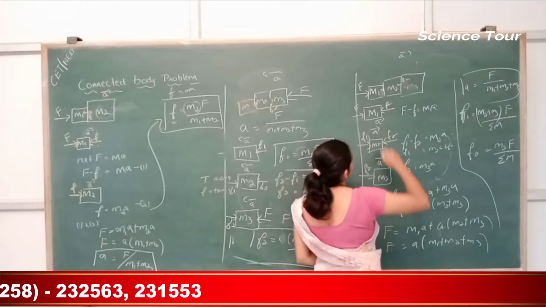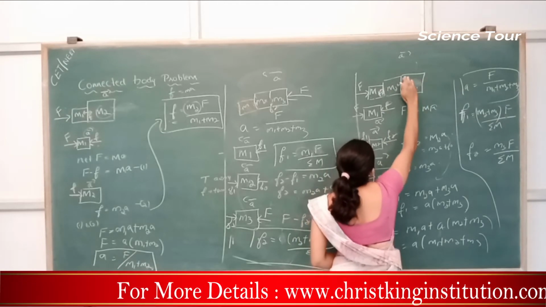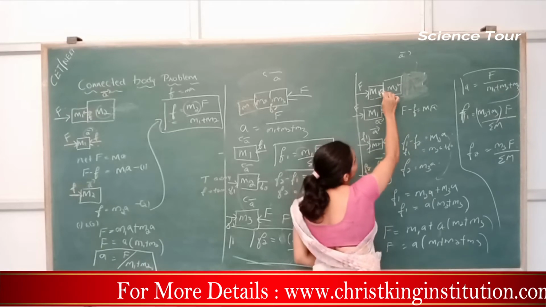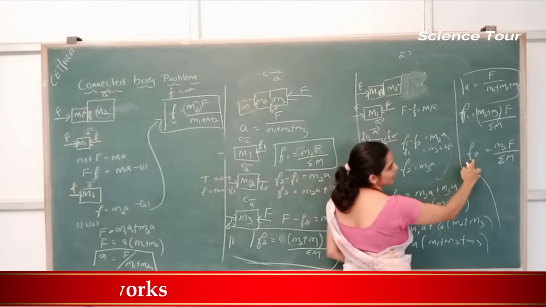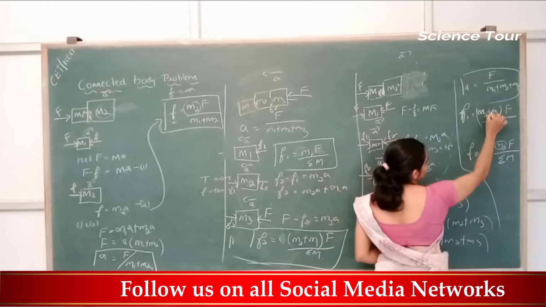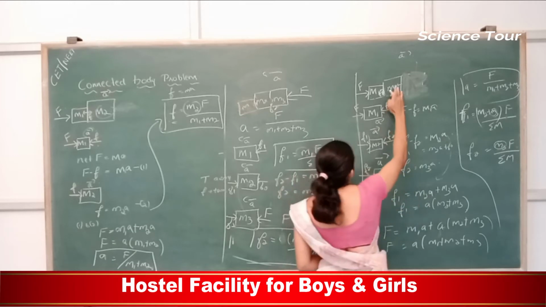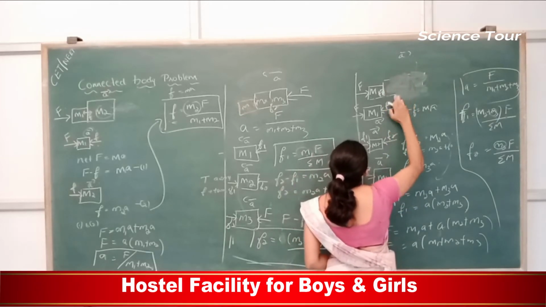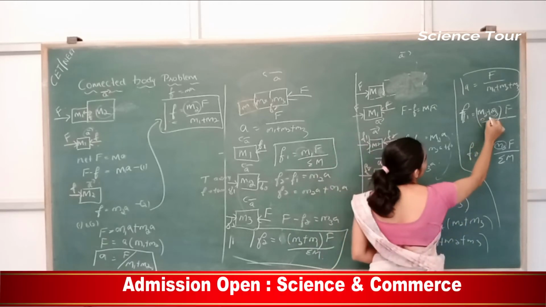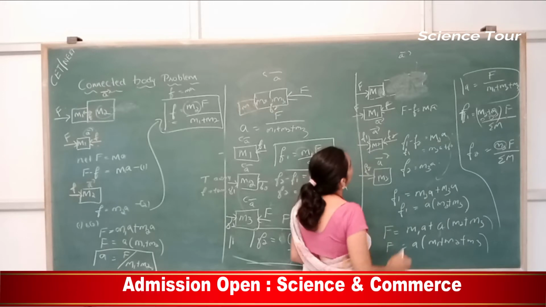Or in other terms you can say, if there is no m3, F2 won't be there. So m3 is 0 means F2 is 0. m3 is 0 means F1 is not 0. Correct? But if m2 is also not there, then F1 won't be there.